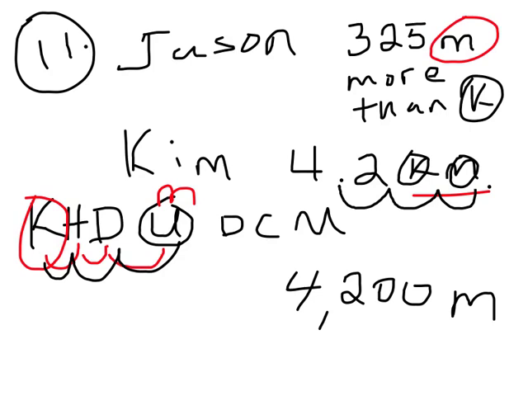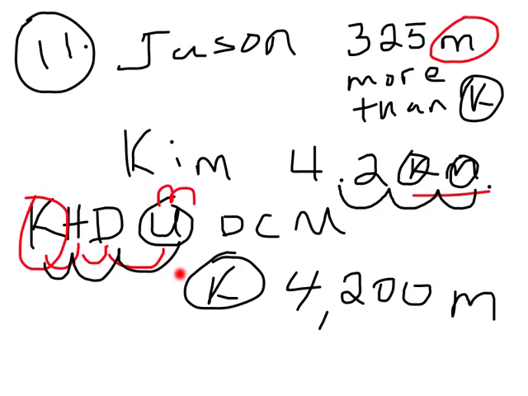Now I'm going to continue to think about this problem in number 11. They say, how many meters did Jason run? Kim ran 4,200 meters. If we look back to the first sentence, it says Jason ran 325 meters farther than Kim.